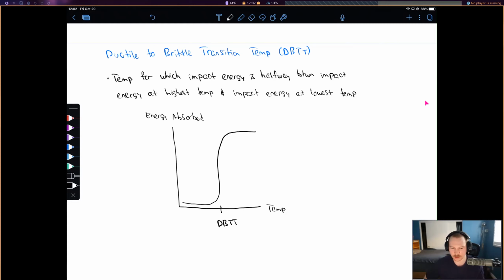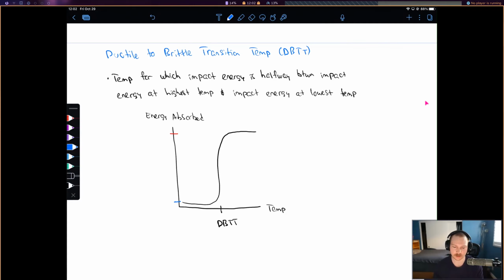So when we're actually calculating this in the lab, calculating is maybe not the best term, but to do this, we'll look at the impact energy at the highest temperature. So that's going to be right here in red. Okay, and then the impact energy for the lowest temperature down here in blue.